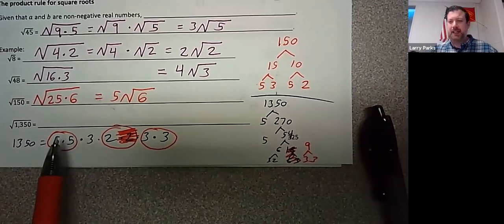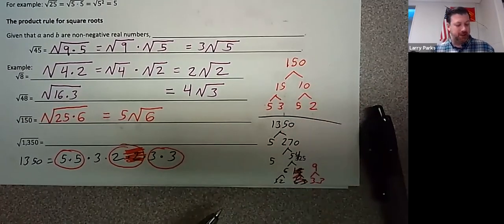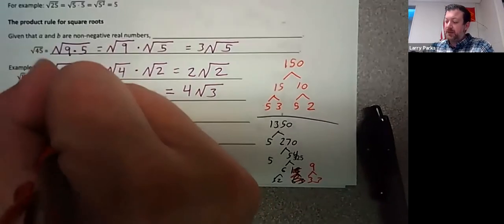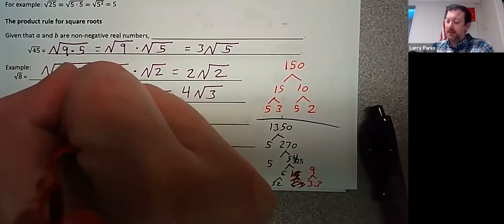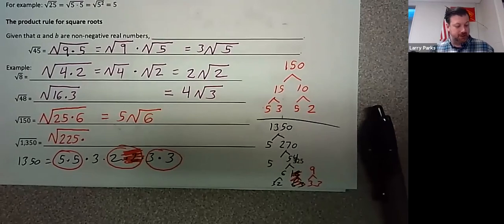Now it's easy to see because I have 25 times 9. That must be the number it breaks into. So this equals the square root of 225 times 6.